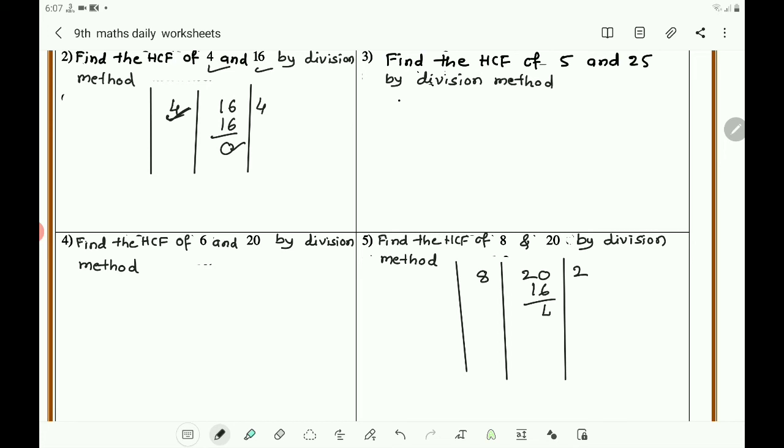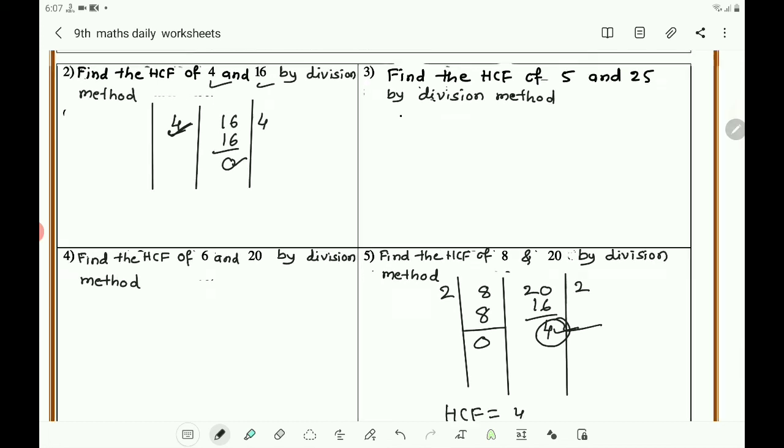And what is the remainder here? 4. Then take this 4. 4 2s are 8. You got 0 here. So what is the HCF? HCF is 4. Therefore you write HCF equals 4. That is the division method of finding the HCF.